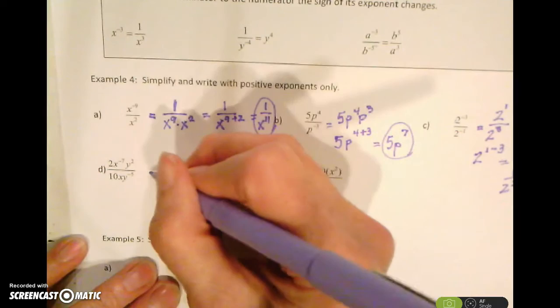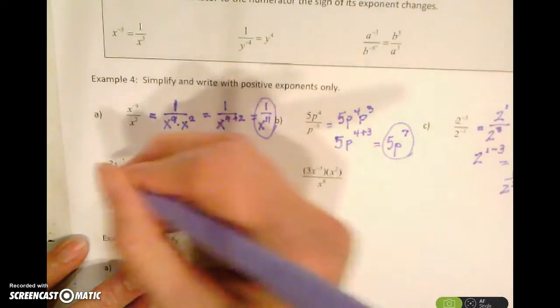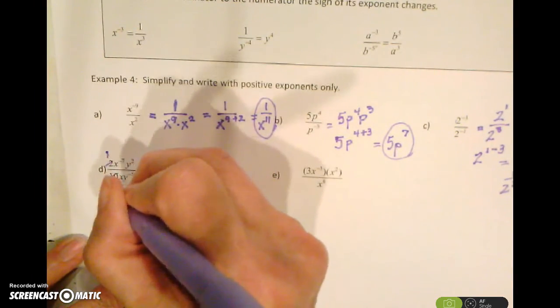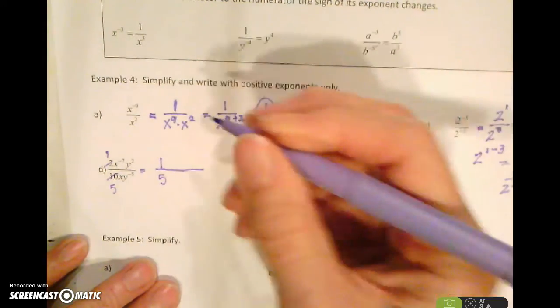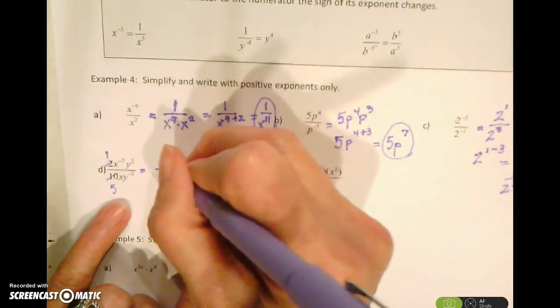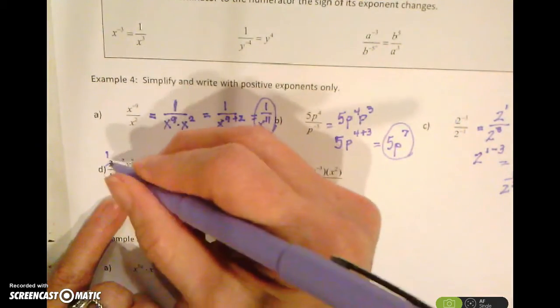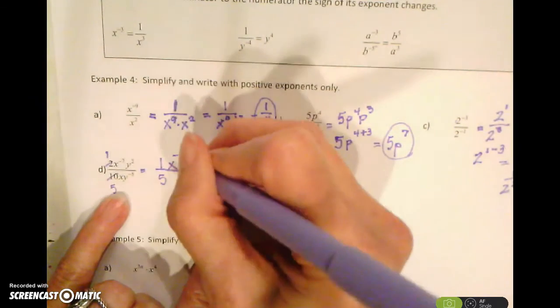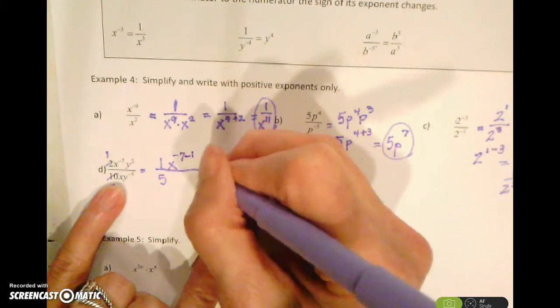All right, so here I've got my 2 and my 10, so that's going to reduce by 2, so that's a 1 and that's a 5. So I have a 1 and a 5 here. And then let's do this with the x. See, I have the same base here with my x's. So that's going to be negative 7, my numerator 1, minus my denominator 1, which is positive 1.